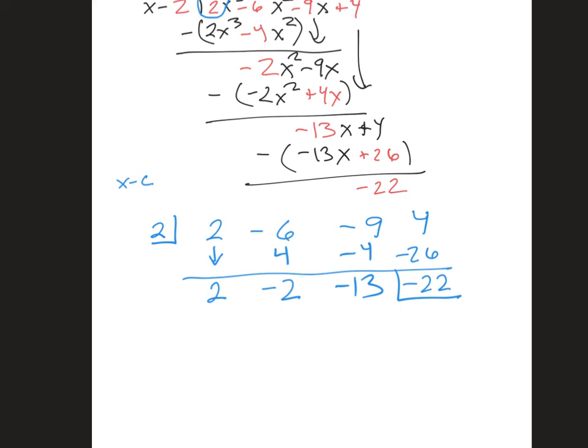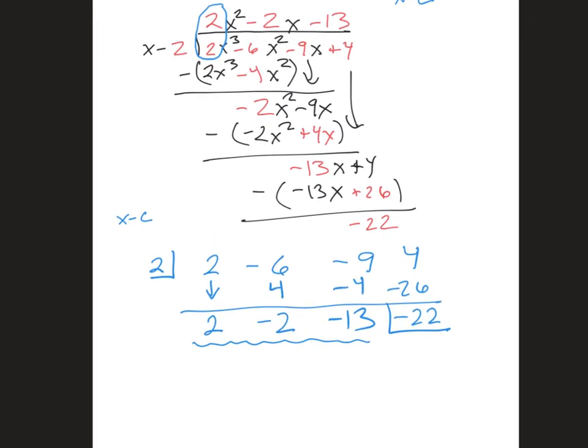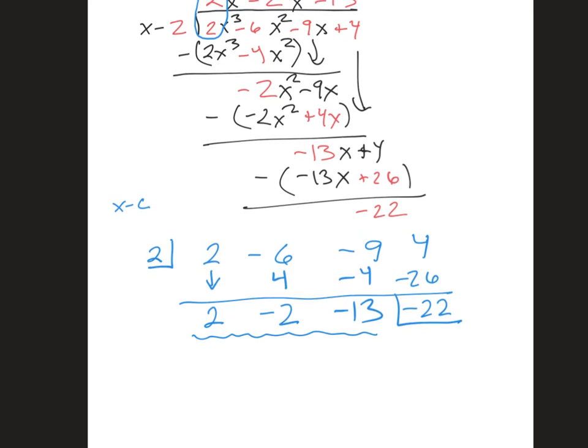And what I have left, these pieces here, are the coefficients of my quotient. So since I divided a third degree by a first degree, I should be left with a second degree, or a quadratic. So I'm left with 2x squared. So my quotient is 2x squared minus 2x minus 13.